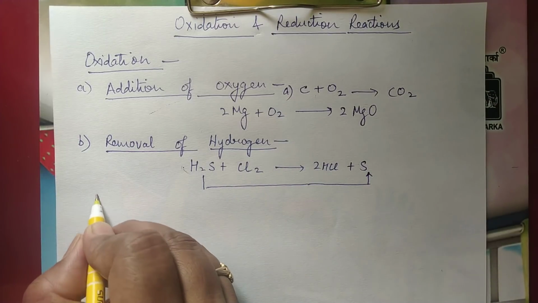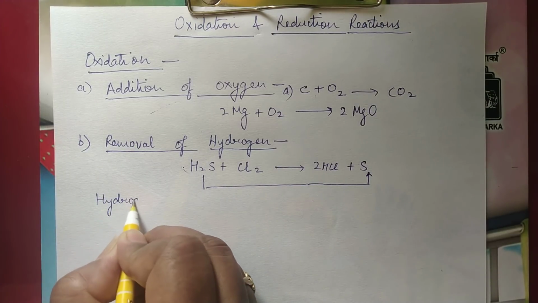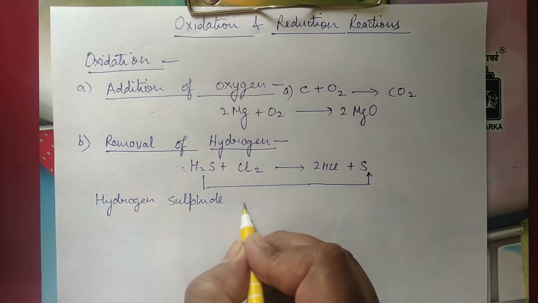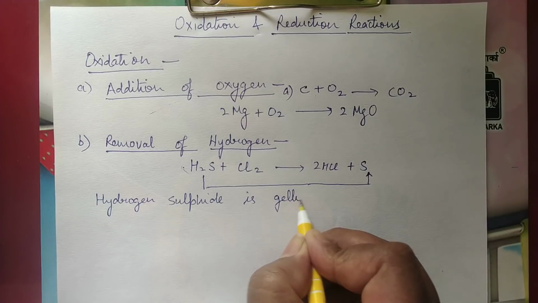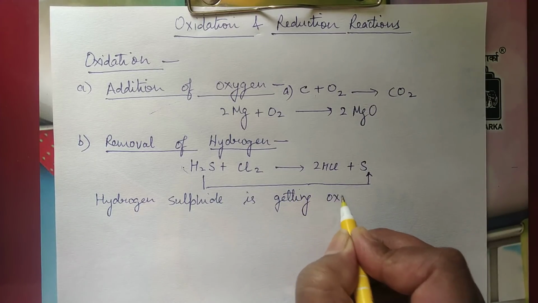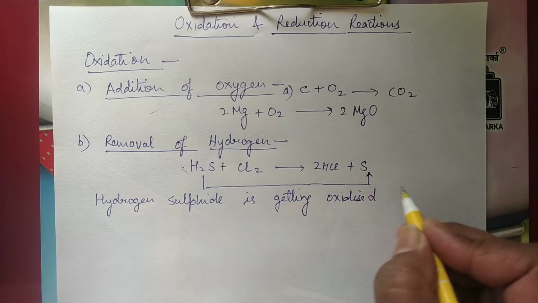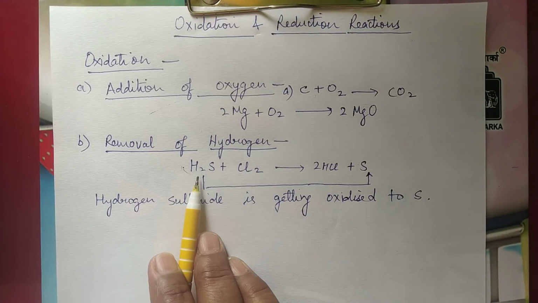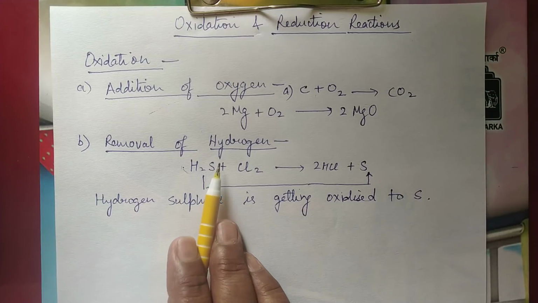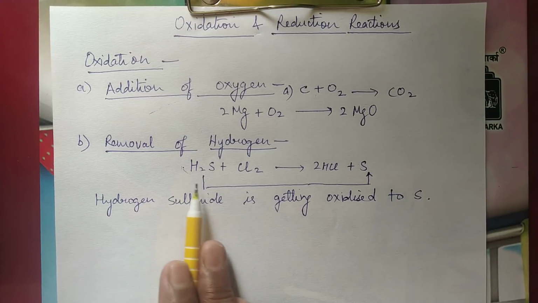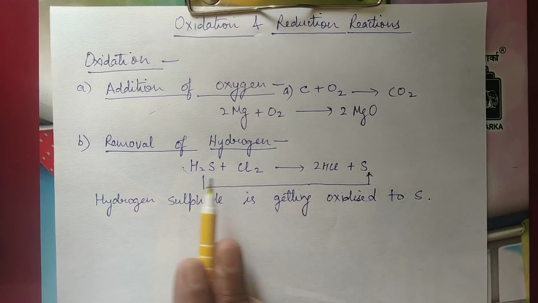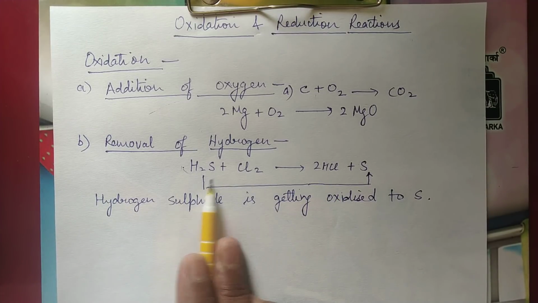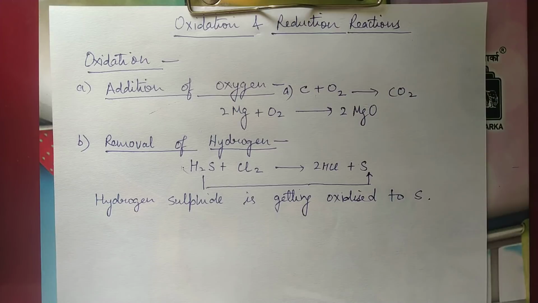So we will say that hydrogen sulfide is getting oxidized to sulfur. The substance loses hydrogen and is converted to sulfur, and we say this substance is getting oxidized.